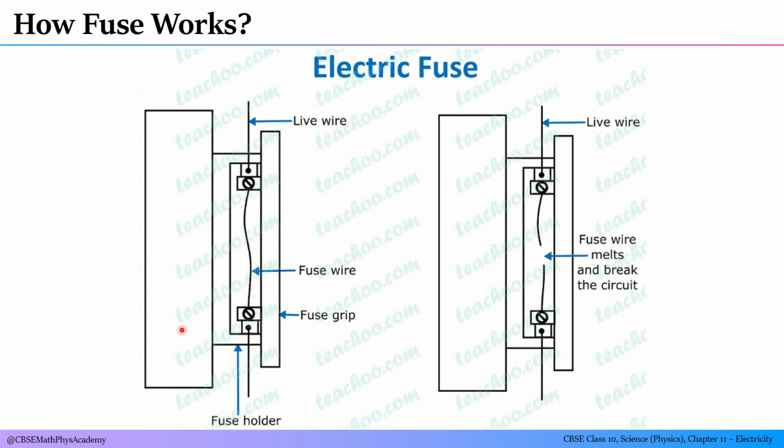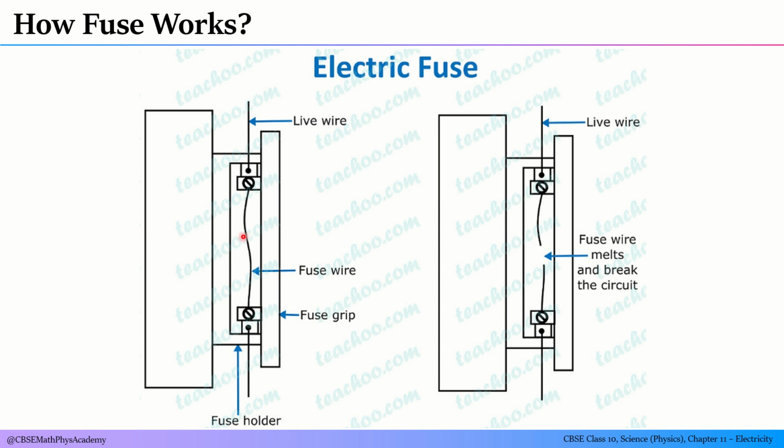So let us see an image of what I said now. This is a view of a fuse, and what you see is a live wire, and the current passes from here to your device. This fuse wire you are seeing here is a thin metallic wire made up of tin and lead, having a low melting point.